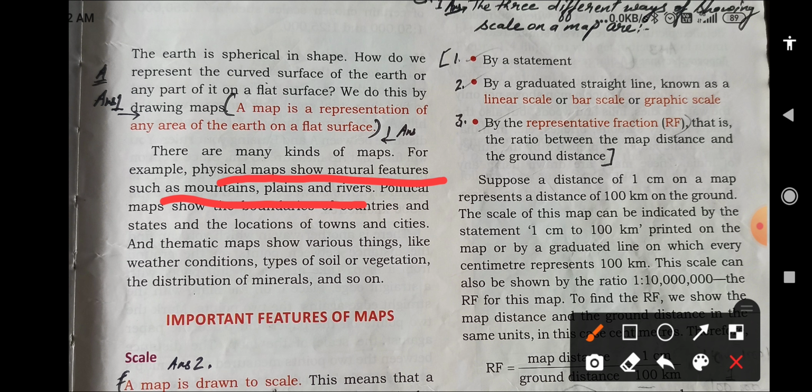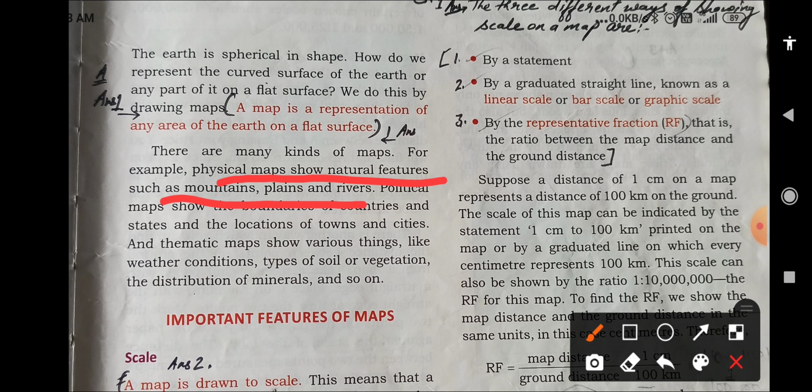If we consider two places which are 100 kilometers apart, we will convert it into centimeters, or we can write it like this: 1 centimeter on the map stands for 50 kilometers on the ground. So the two places will be 2 centimeters apart on the map.